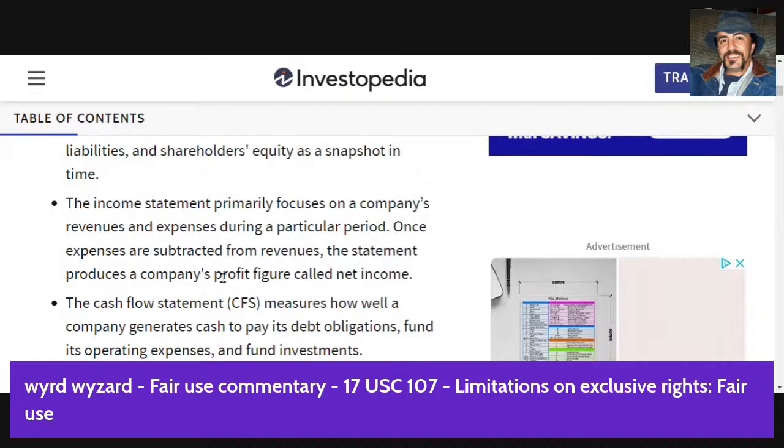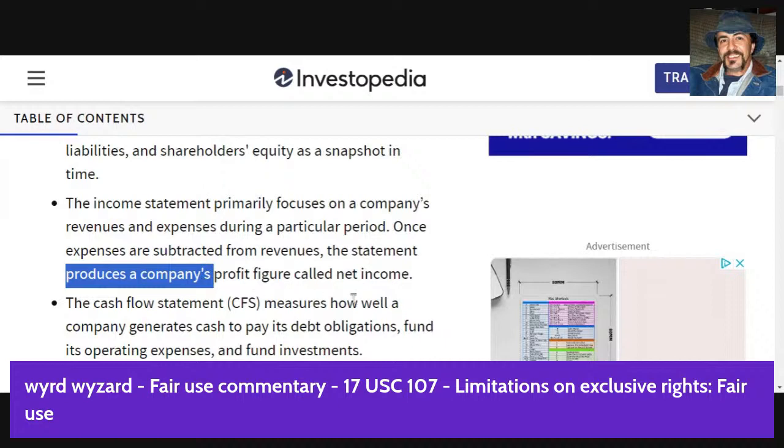You're the one saying that you're a company. You don't recognize that? Only companies can have a net income. Otherwise, it would have said the statement produces a company or individual's profit figure called net income. It didn't say that. It doesn't include the individual.